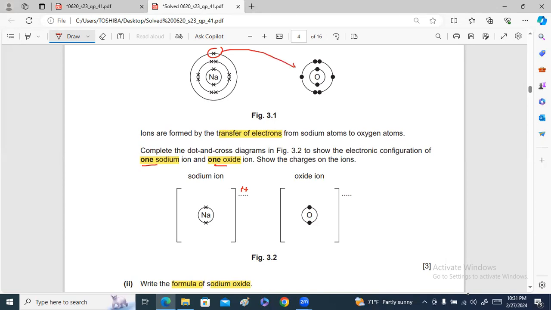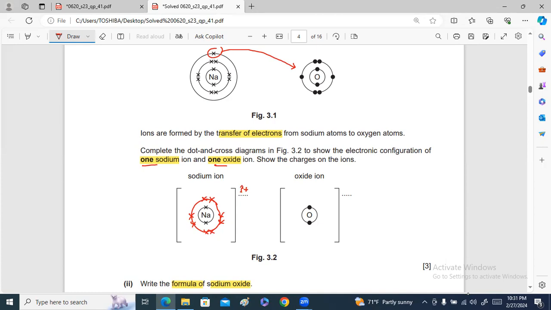that is accommodated in oxygen atom. So we have to draw another circle in which we can show 8 more electrons. So Na positive contains 10 electrons and the charge is 1 positive.